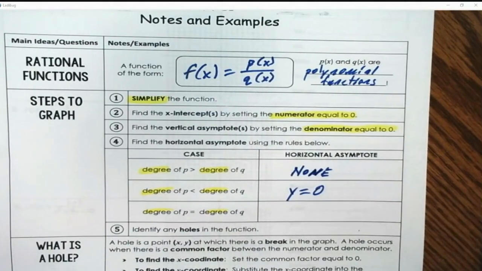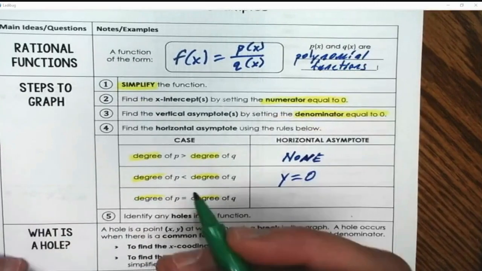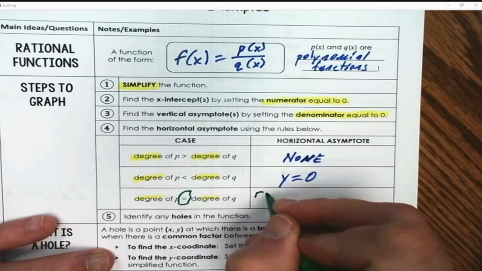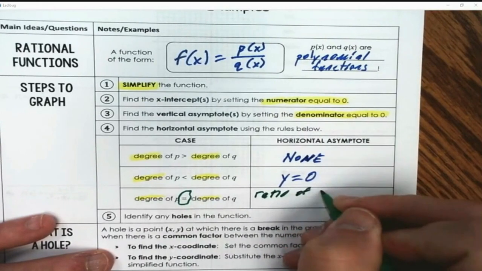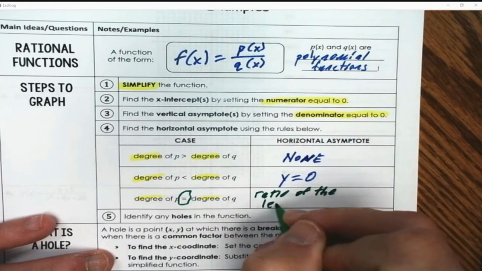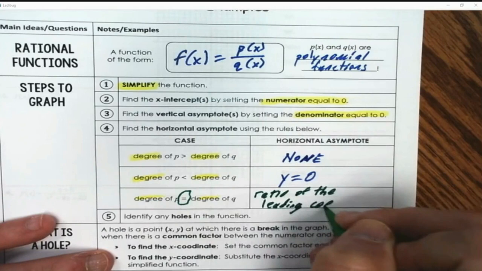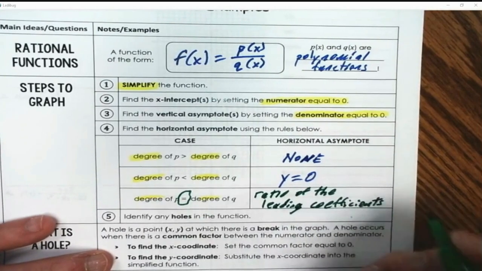Now, here's the good one. I'm going to write this in a different color. If the degree is the same, notice the equal sign, they're equal, then it is the ratio of the leading coefficients. And you're like, what in the world are you talking about?